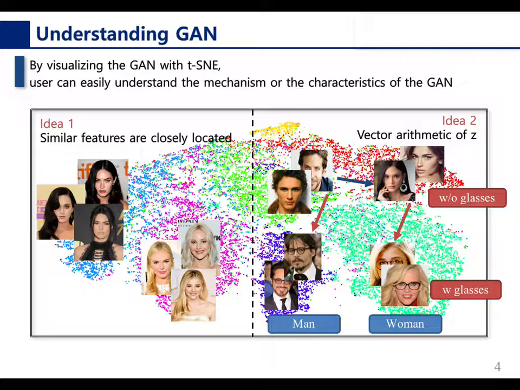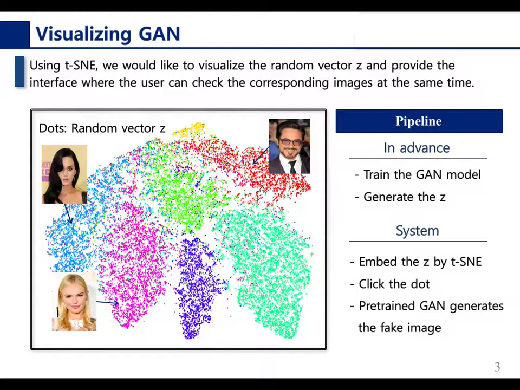I mean, what kind of image the random vector produces? In the pipeline, I saw that you first visualize the random vector, and then if the user clicks on it, the pre-trained GAN generates the fake image, right? Yeah, that's right. But if you want to cluster or color the points, don't you have to already know what each dot will generate?